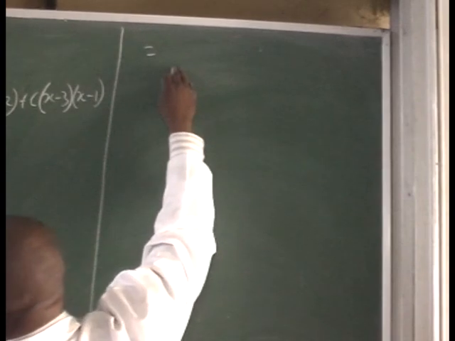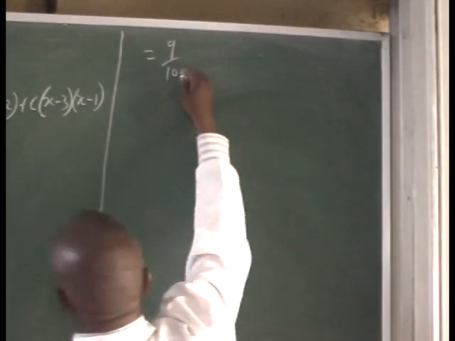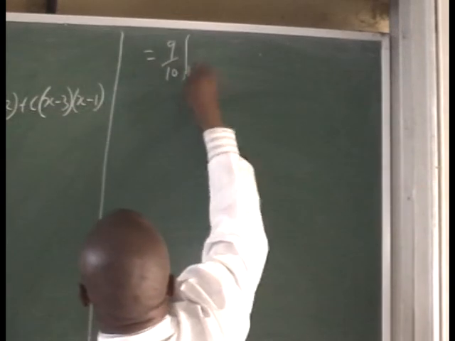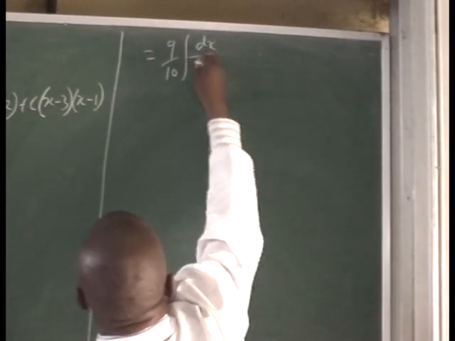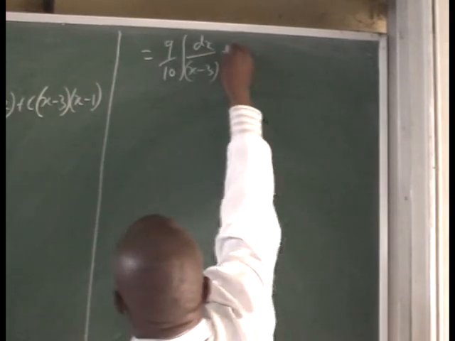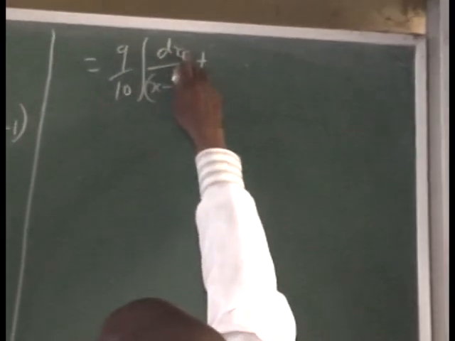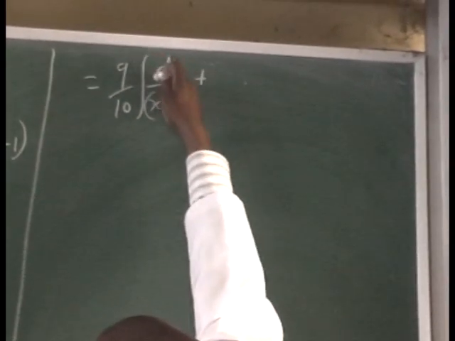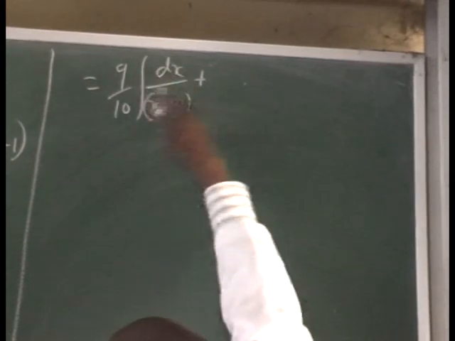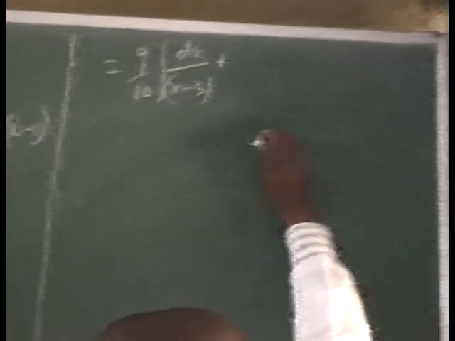A is 9 over 10. So we have 9 all over 10 integral of dx all over x minus 3 plus another one. You know this a is here. So by the time I put 9 over 10 in the place of a, then I will have this. Then we have another one, which is b.